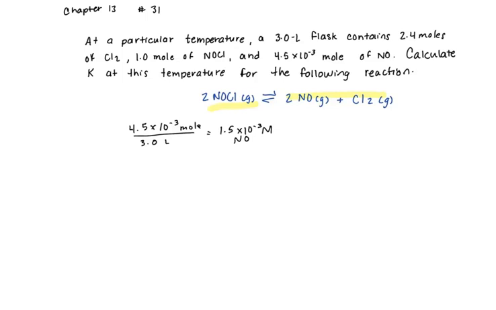Yeah, that's right. So we're going to leave that there. And now we want to use Cl2. What do we have for our moles? We see here 2.4, so we have 2.4 moles. And we have the same 3.0 liter for our flask, right?